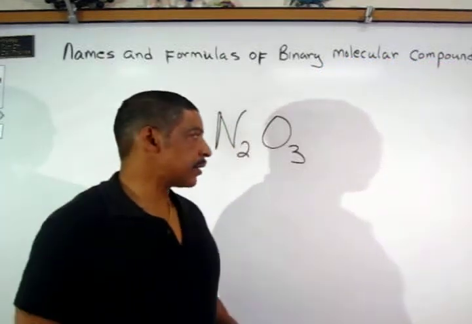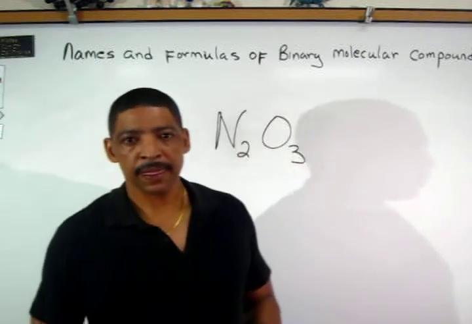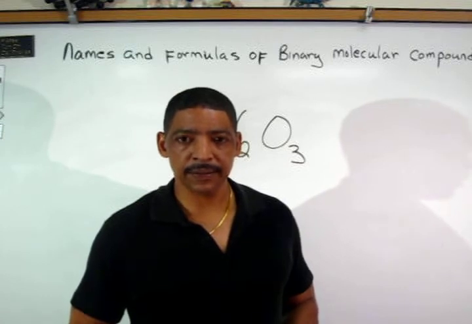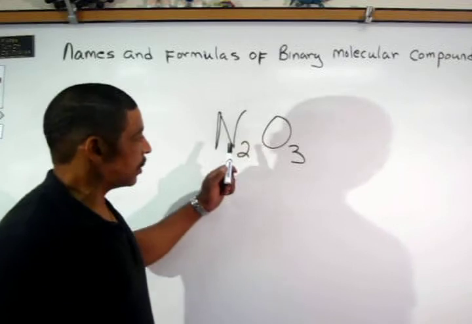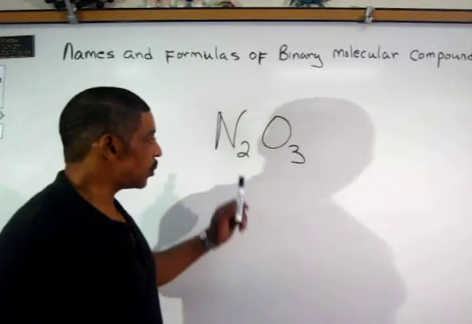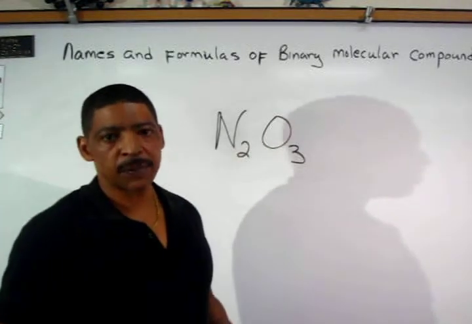This compound contains 5 total atoms. However, it is still a binary compound. In this particular case, the nitrogen is written first in the formula because nitrogen lies to the left of oxygen on the periodic table.